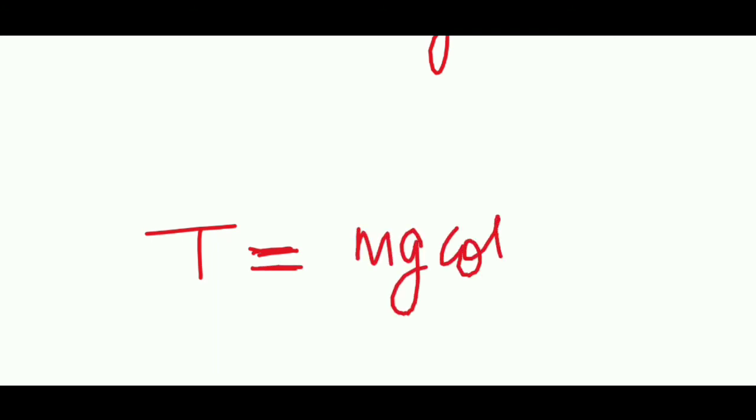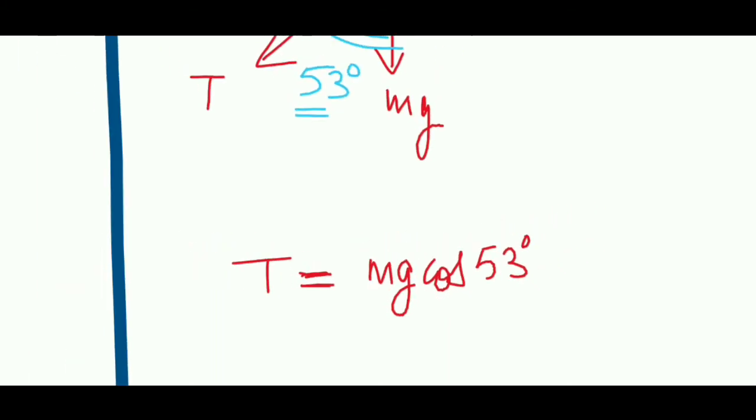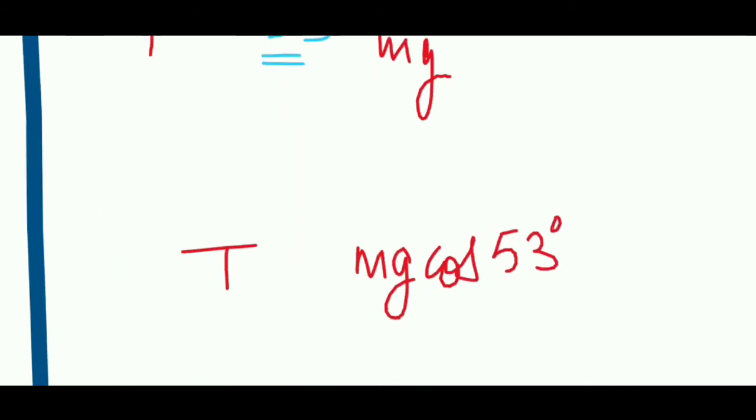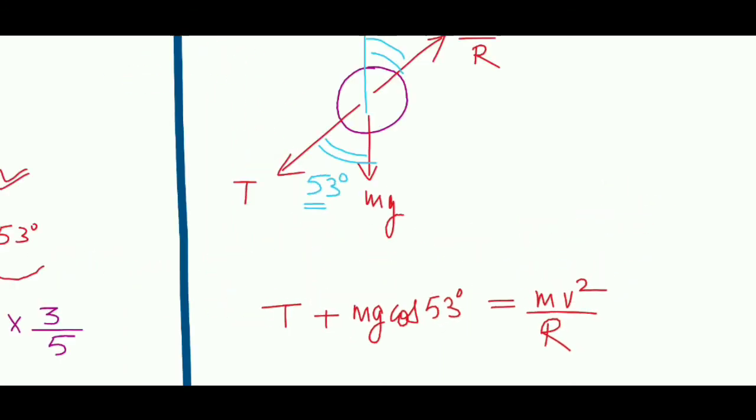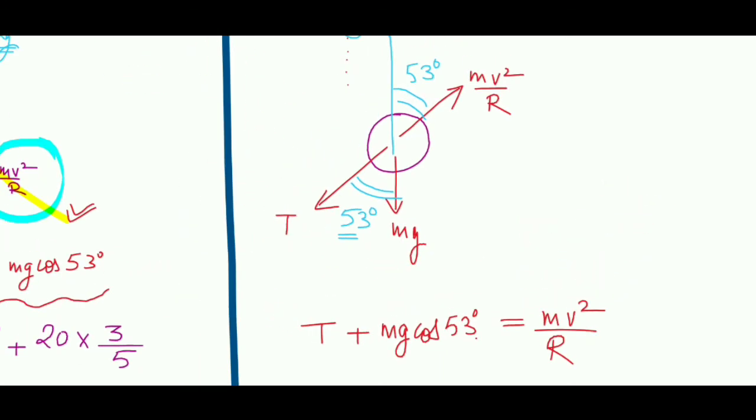I'm really sorry. Tension plus mg cos 53 degree is equal to mv square by r. Now it's correct.